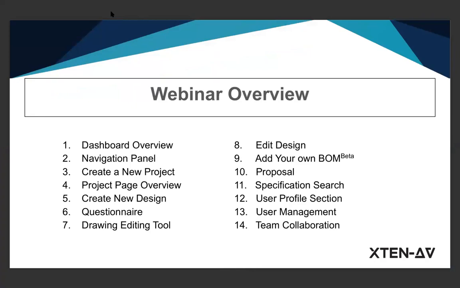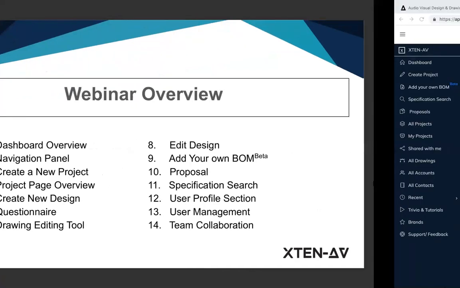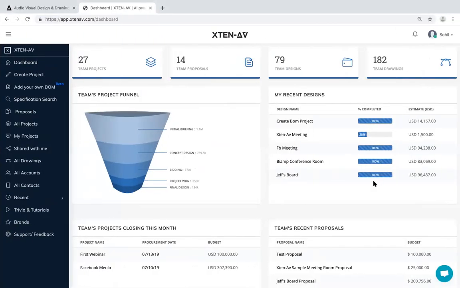All right, let's get started. Like I said, this is the workflow of the webinar. Now we will go to the platform. Once you log in, this is your dashboard. Very extensive, but very neat.